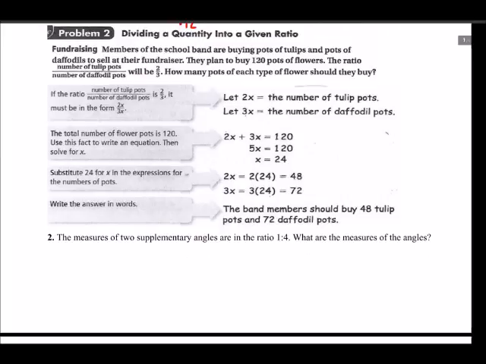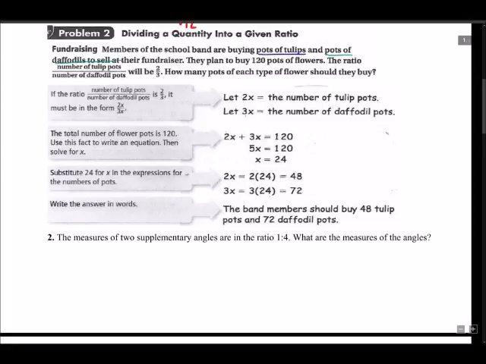Ratios are extremely useful. You can use them to do math problems. Ratios and proportions are probably the most useful thing math can have for just everyday life. So we are trying to raise money for our band, and we buy pots of tulips and pots of daffodils.